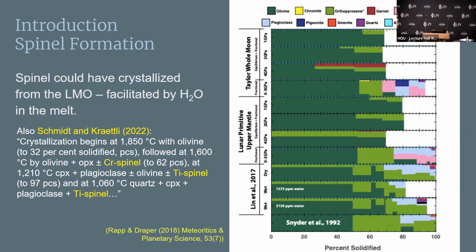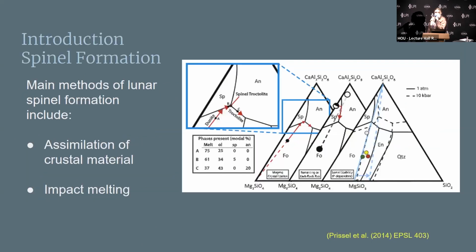This is spinel, and it can occur from LMO origin if it's a wet moon, in this case 3,150 ppm water. In addition to a potential lunar magma ocean origin, main methods of lunar spinel formation include assimilation of anorthositic crustal material into basaltic magma, and impact melts.